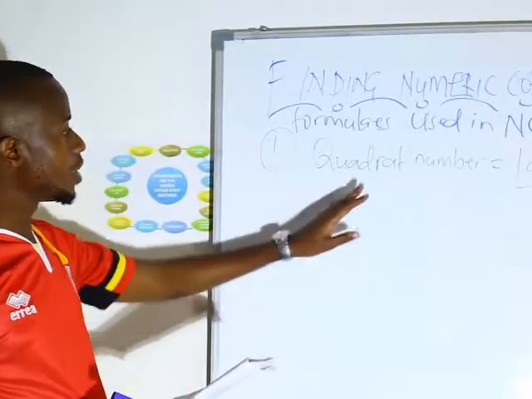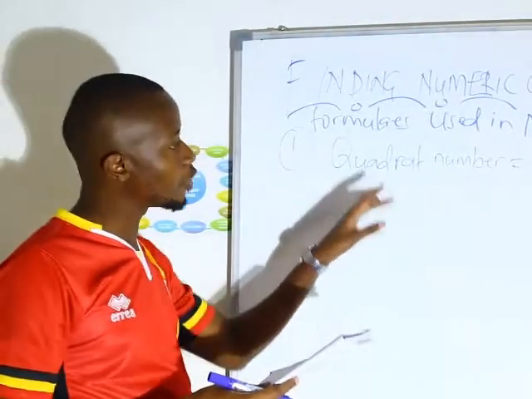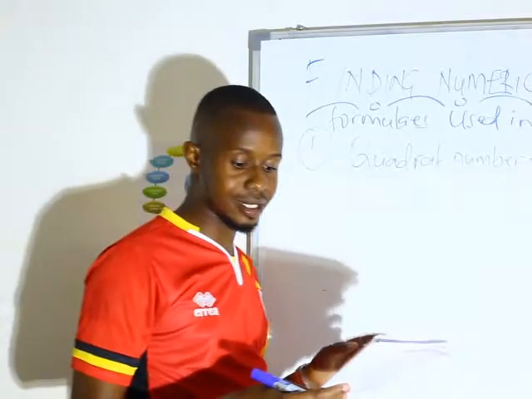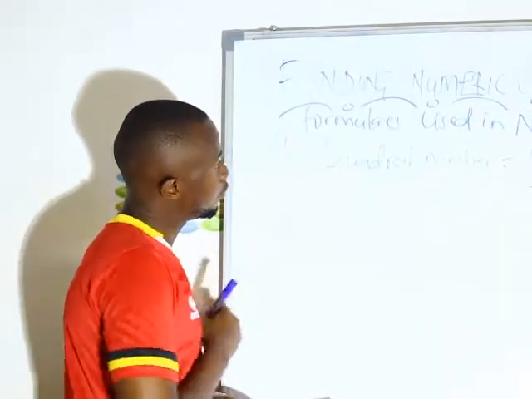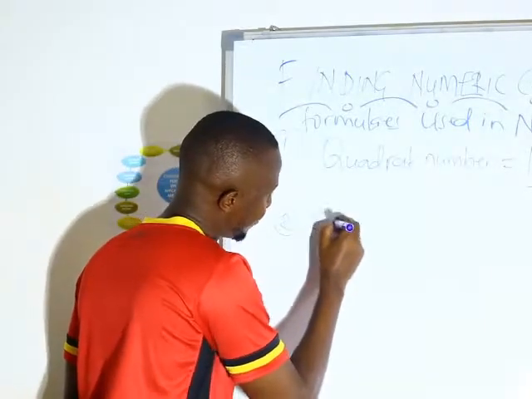So the reason why we divide by 9 is that every quadrant has 9 numbers. And another formula is we are going to look at the beginning number.